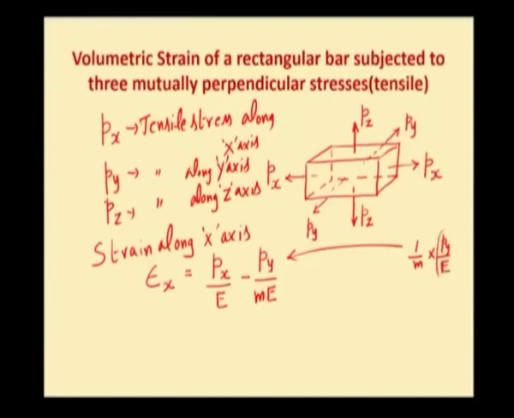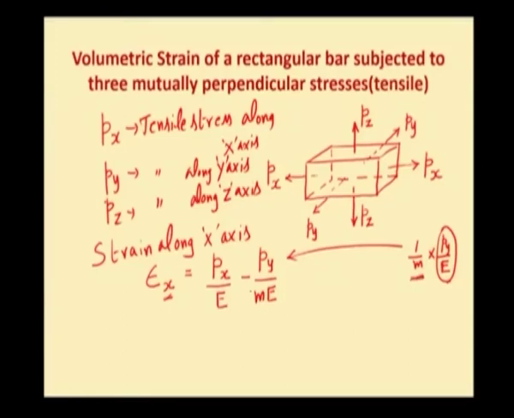Py by E is the strain acting along y axis, which is perpendicular to the direction of x axis. Here we are calculating the total strain experienced along x axis, which is the longitudinal axis. To get the strain along x axis, this strain along y axis has to be multiplied by Poisson's ratio.